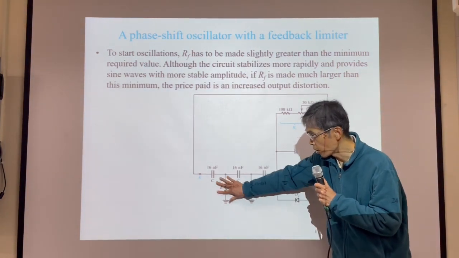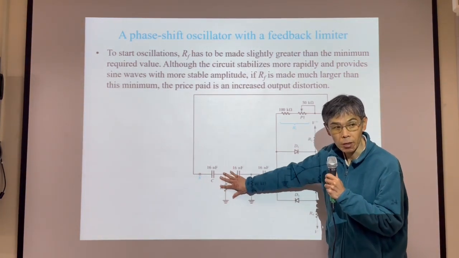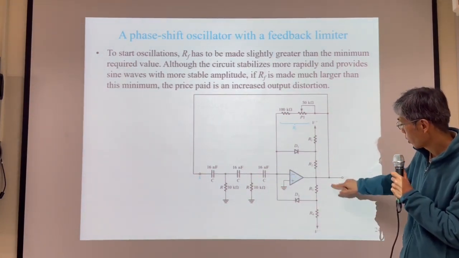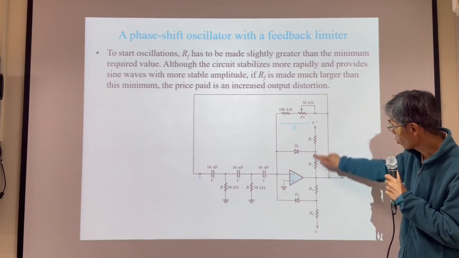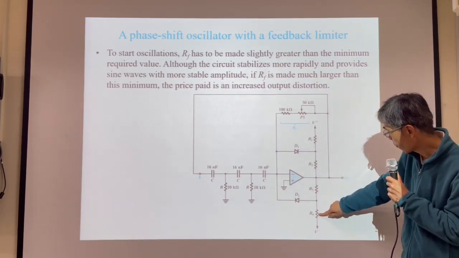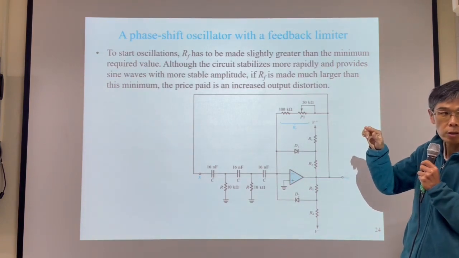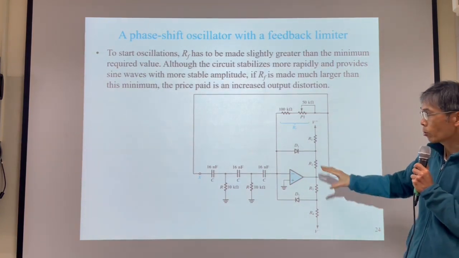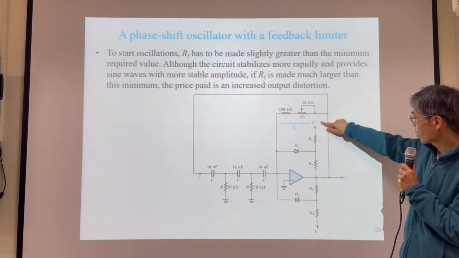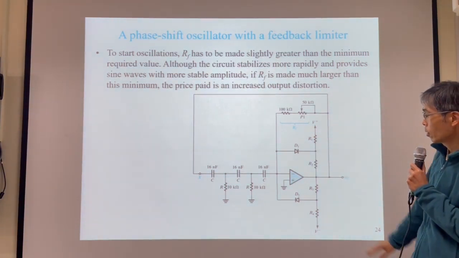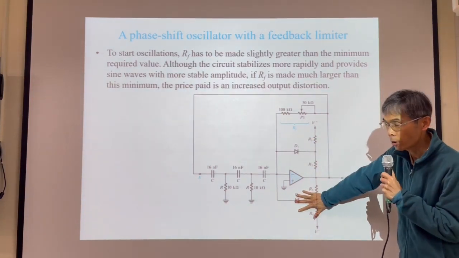So this is the RC feedback network. We have D1, D2, R1, R2, R3, R4, which is the nonlinear limiter, the control to make sure the oscillation won't grow too large. So these are the limiter.